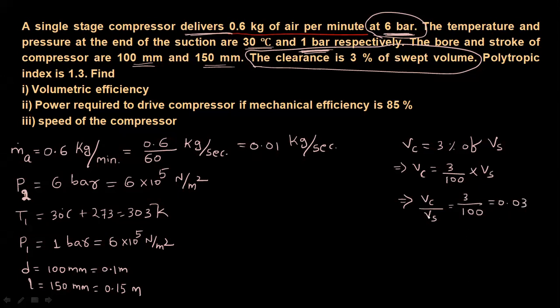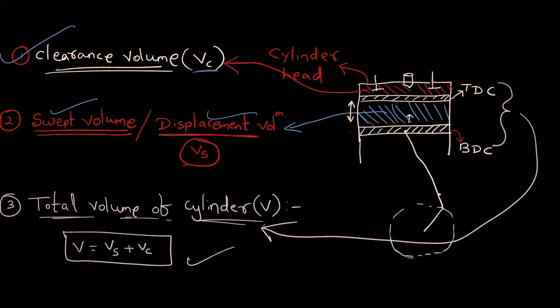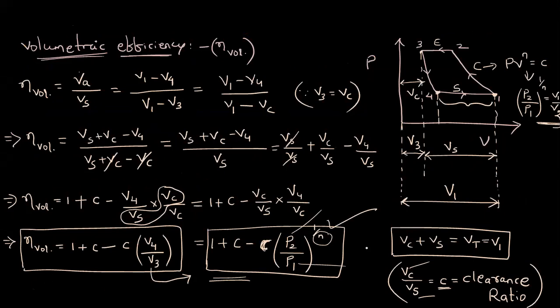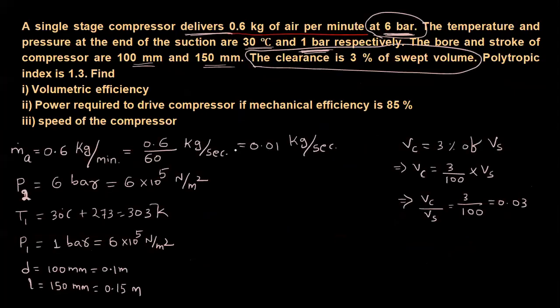And what is VC by VS? It is the clearance ratio, small c. In this formula, whatever small c we are using is called the clearance ratio. So we write VC by VS, that implies the small c value is 0.03.